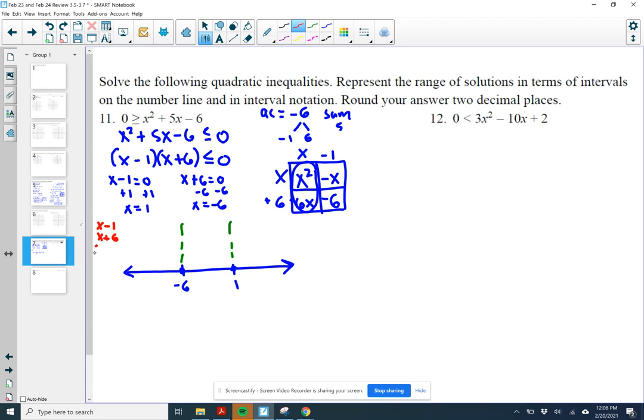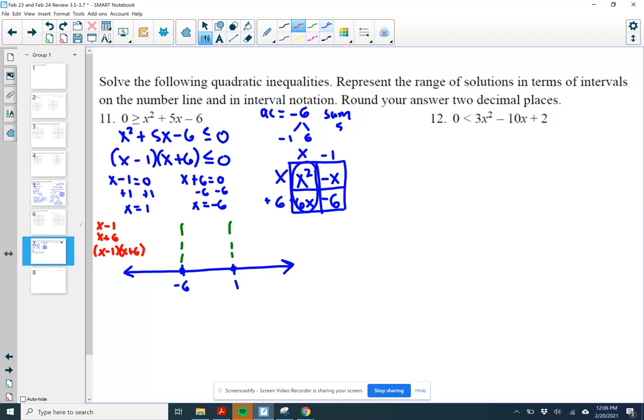And then I'm going to look at the product of those, because in the end, I want to know when this product is greater than or equal to 0, when it is positive, or less than or equal to 0. Right? Our inequality, when is that product less than or equal to 0? So we're looking for the negatives. We need the negatives. Right?